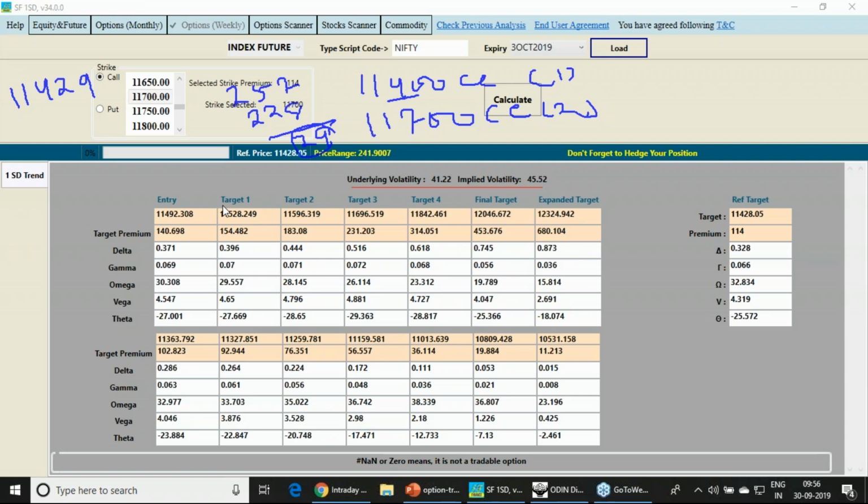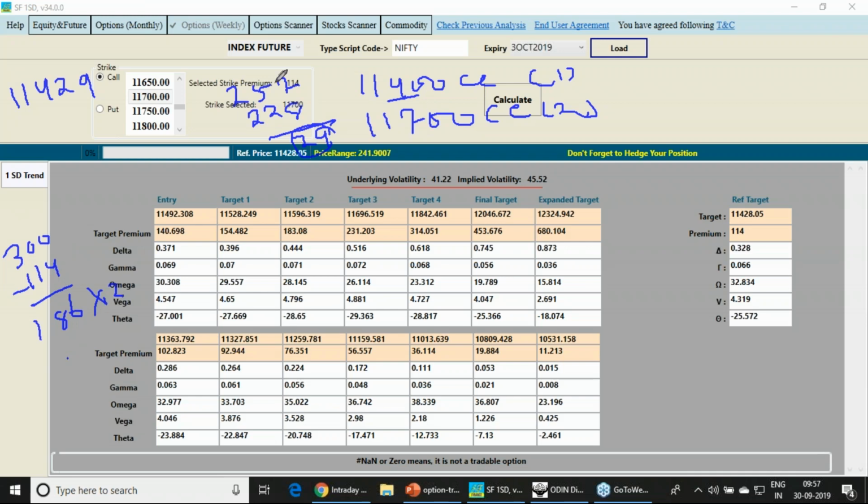If it goes above 11,700 and reaches 12,000, it will be a great loss. Imagine it going to 12,000. Here 300 minus 114 per lot, 186 into 2, will be the loss.